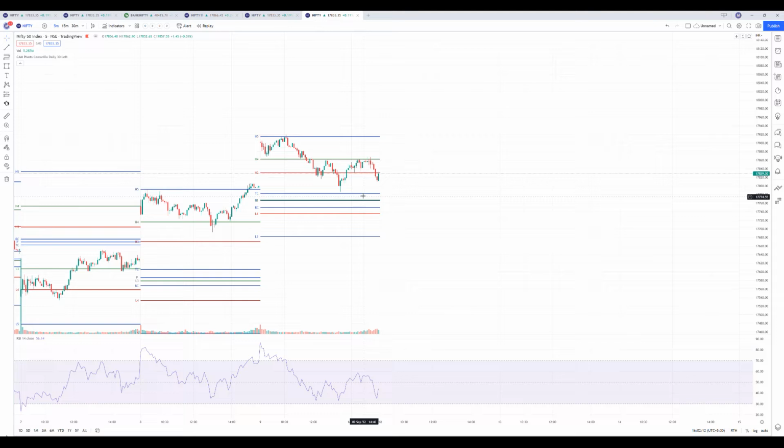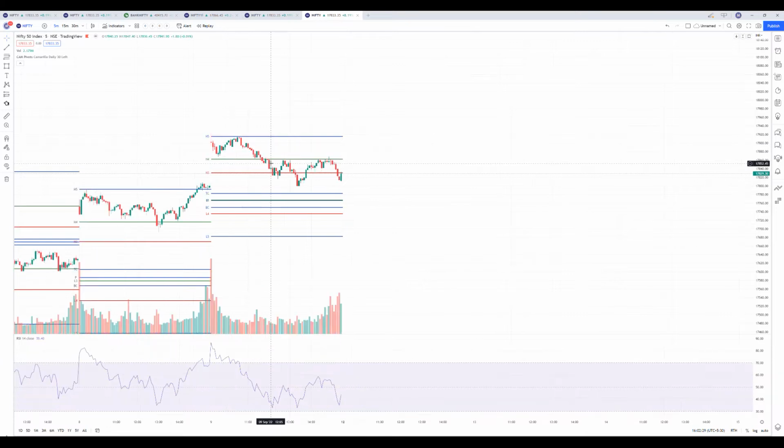What I'm trying to talk about is certain other areas like our Camarilla pivots, which also work as support and resistance. Similarly, we have certain areas that we can utilize as support and resistance.